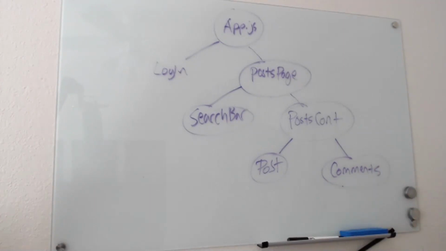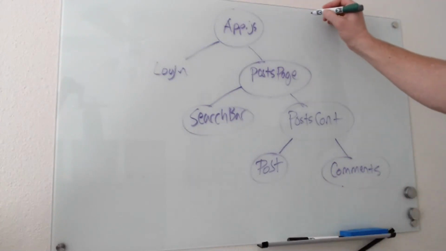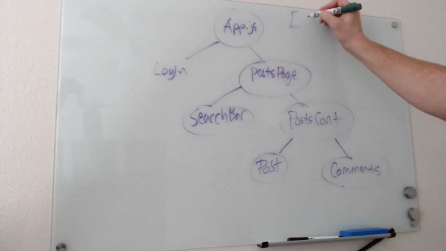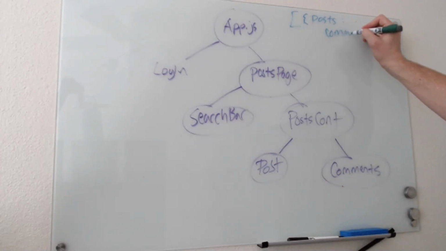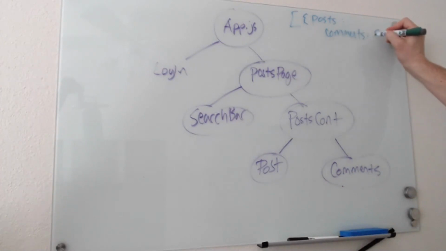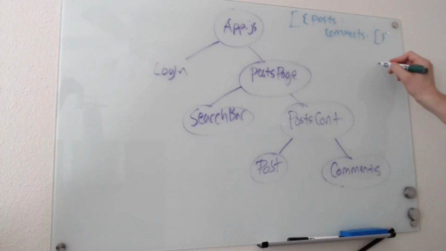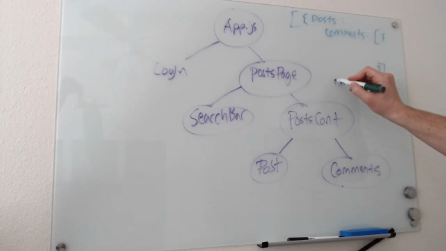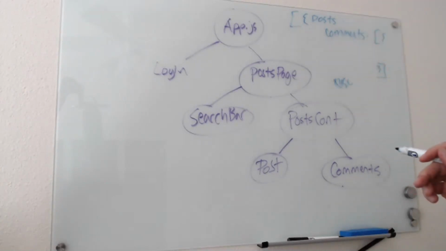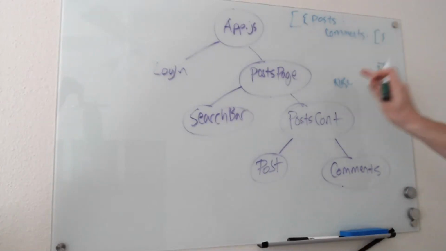That's just funny. So then I would do this, and I would say, based on my data, so I would draw out my data, an array of posts, and then I would say like comments is an array of objects, and show that it's an object, user, whatever your data looks like.